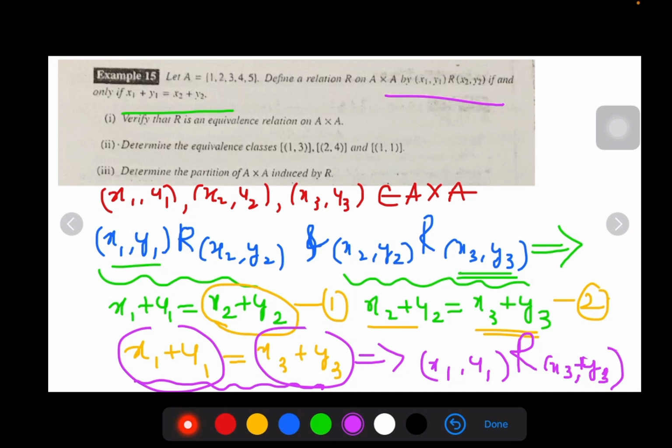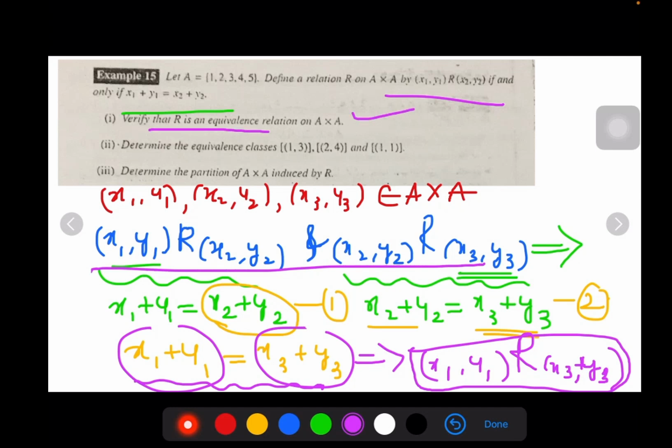Yes, we are able to prove that with this condition, the first element is related to the last element. Transitive property is satisfied in general. Okay. Therefore, we verified that R is an equivalence relation. Yes, R is equivalence relation. Any doubt here?